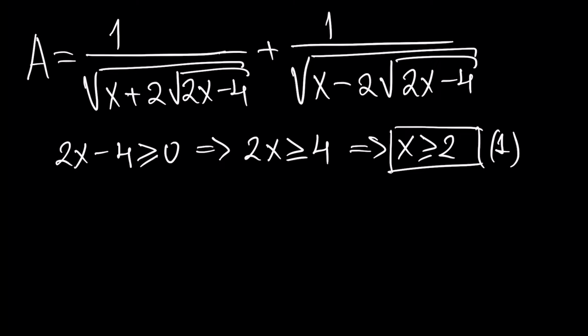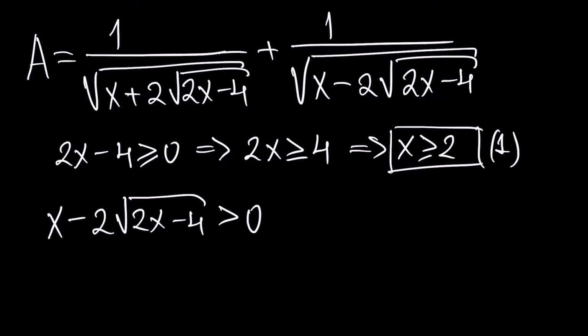Next, it's obvious we have to claim that x minus 2 times square root of 2x minus 4 also must be greater than 0. Because this expression under the square root must be positive. It cannot be 0 because we cannot divide by 0.